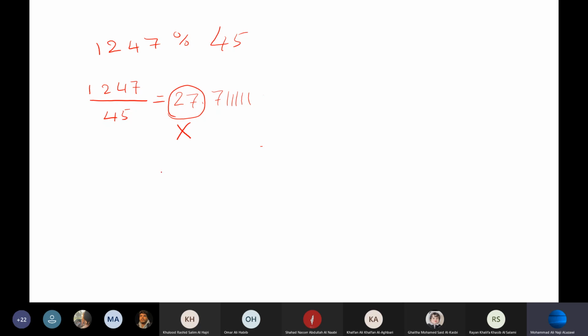How to remove this part? In the same calculator, while you are still having the result, minus 27, okay, you will get 0.71111, etc. Okay, so now this is all right. Now multiply this by 45.